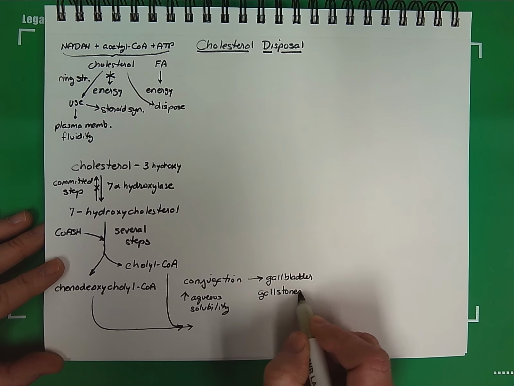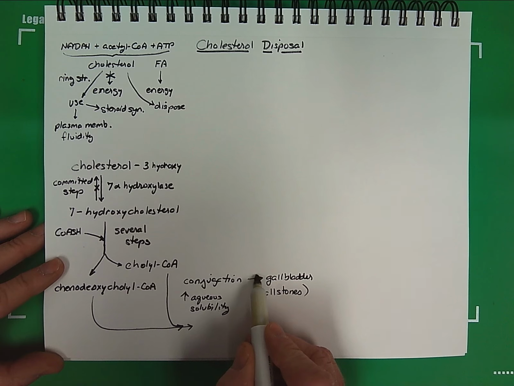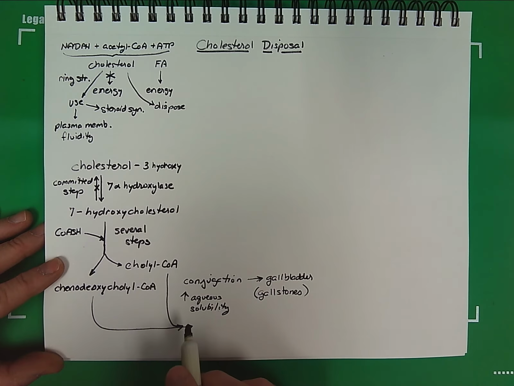These precipitations, of course, are known to us as gallstones. So the majority of gallstones that are found in the gallbladder are due to cholesterol. So the conjugation reaction is going to increase the aqueous solubility to prevent gallstone formation as we store this waste product in the gallbladder.